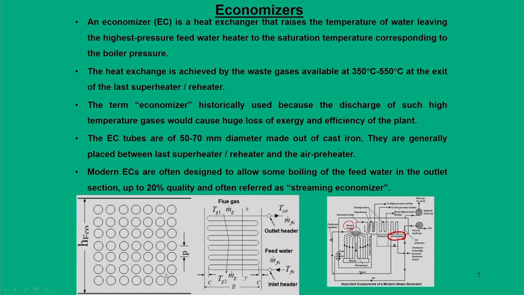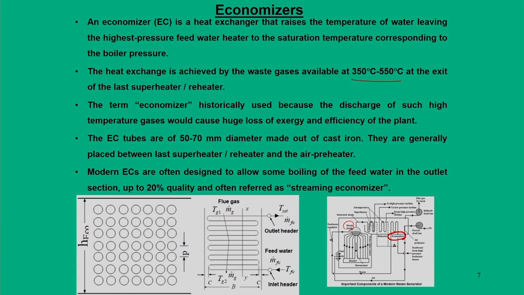The word economizer is used historically because the discharge of such high temperature gas would cause a huge loss of exergy and efficiency of the plant. That is the reason it is advisable that the waste gas available from the flue gas at around 350 to 500 degree centigrade should be utilized.